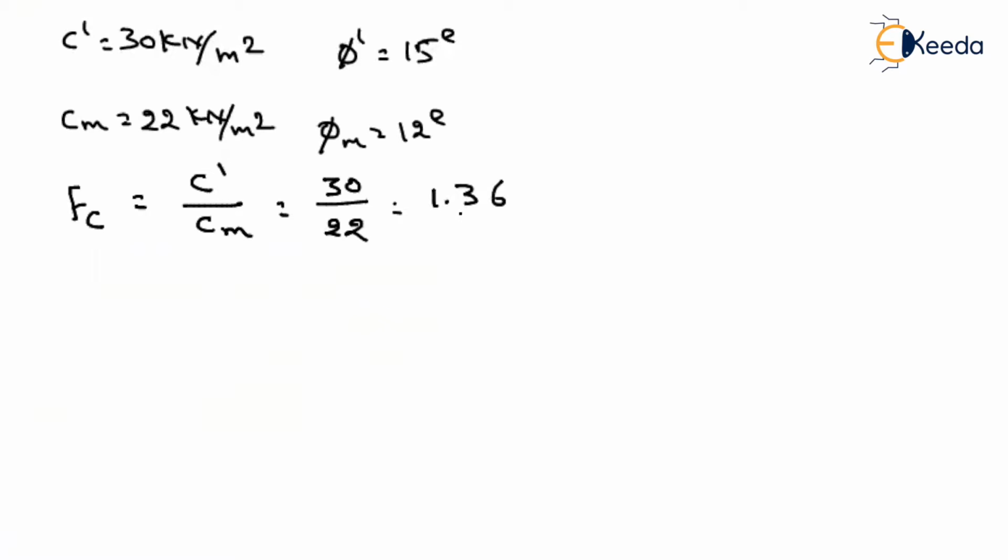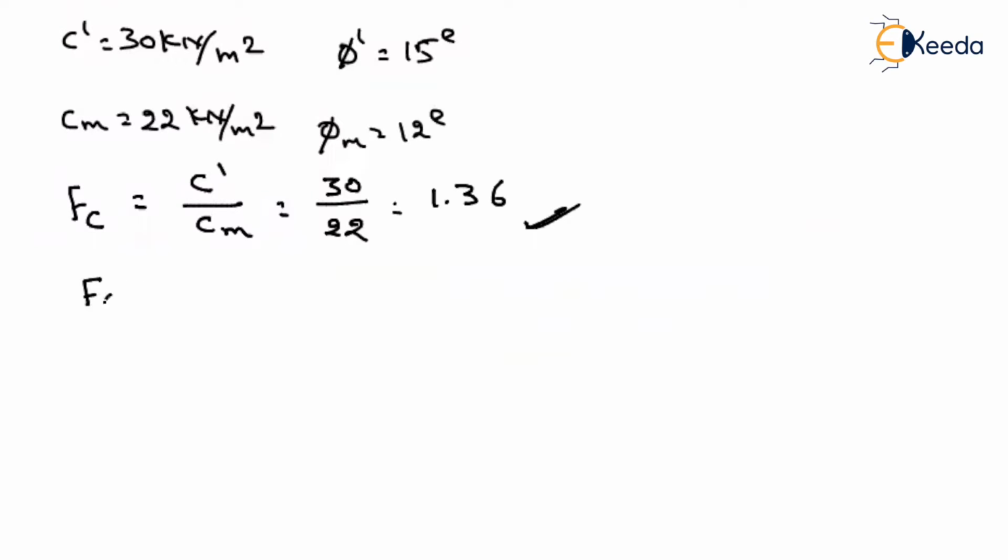Even if you see the options, only one option has 1.36, so without calculating anything, you can directly choose option A. The problem is very lengthy, but if you do C dash divided by Cm, you easily get 2 marks. So don't get frightened by the length of the question. If you understand the logic, the solution will be easier.